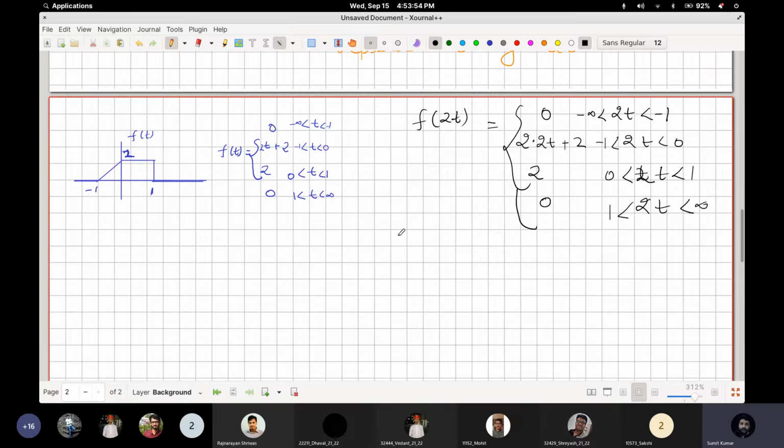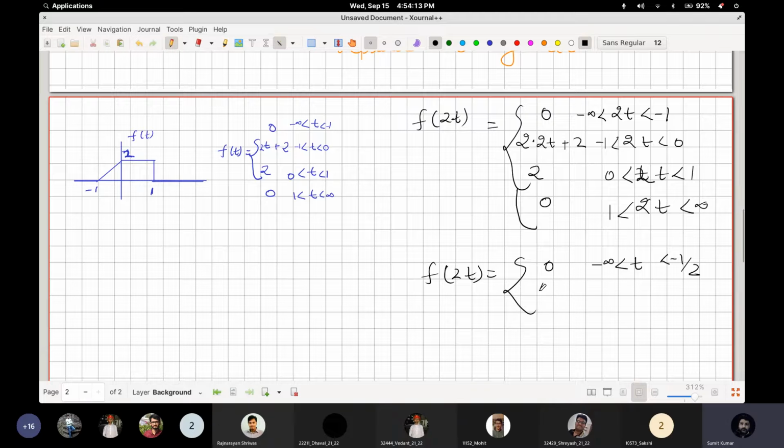So what is f of 2t going to be if I write it properly? f of 2t is equal to 0 for t from minus infinity to minus half, isn't it?